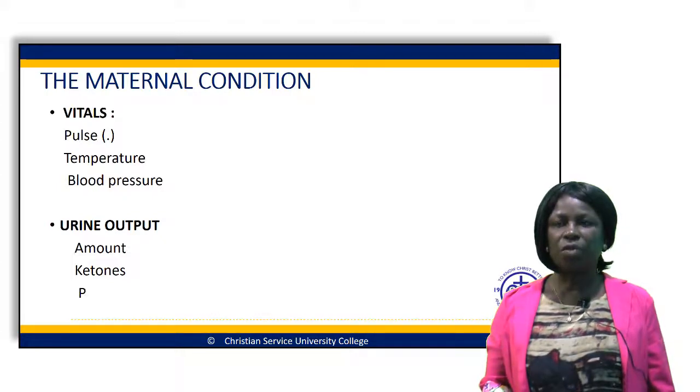The ketones and protein should also be recorded. If there is no ketones nor protein, we use negative. But if there is ketone and protein, we use 1+, depending upon the amount, it has to be increased with ++++.